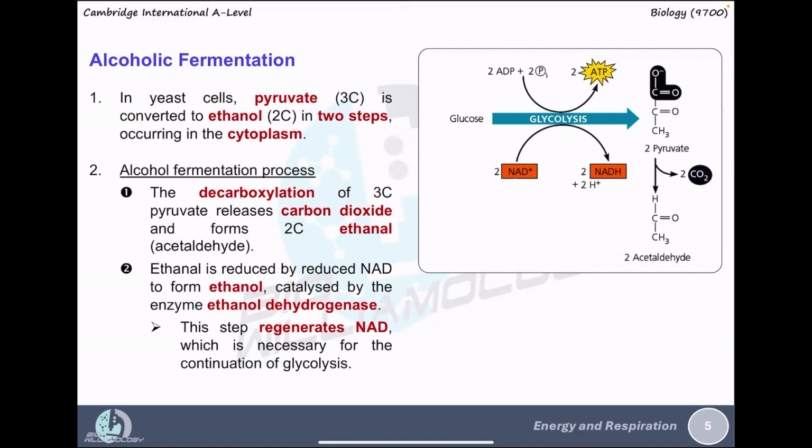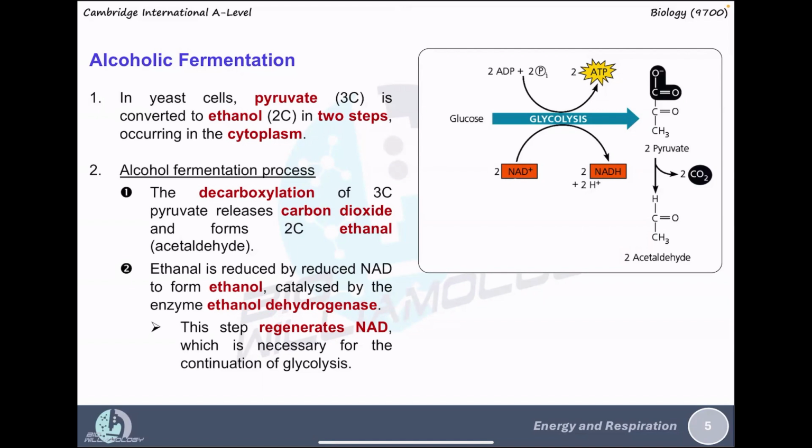How does this occur? In the presence of the enzyme ethanol dehydrogenase, NAD is regenerated because reduced NAD donates a hydrogen atom, and this hydrogen atom is accepted by acetaldehyde, or ethanal. Ethanal is reduced to form ethanol.